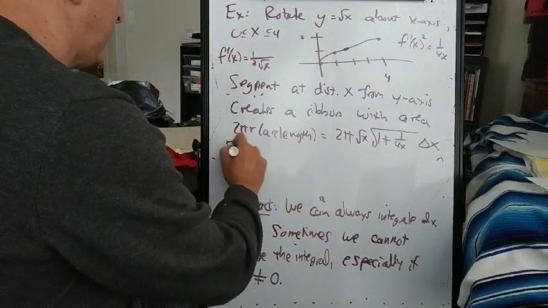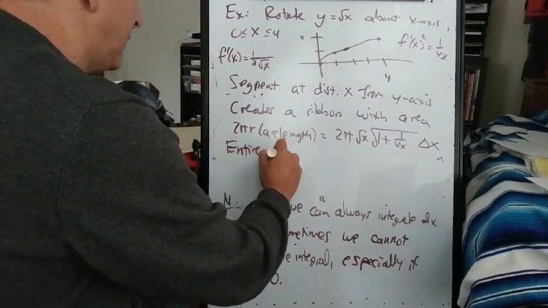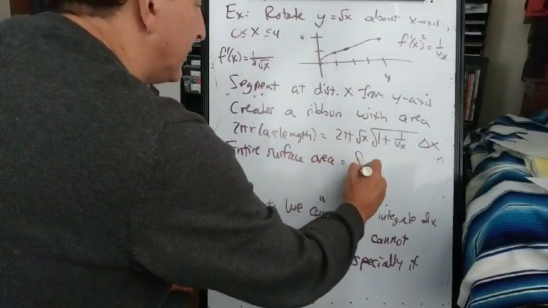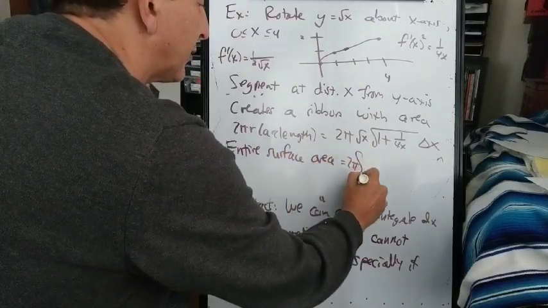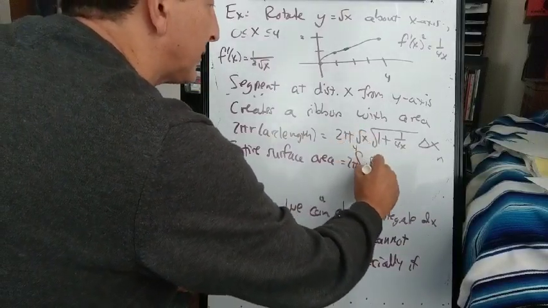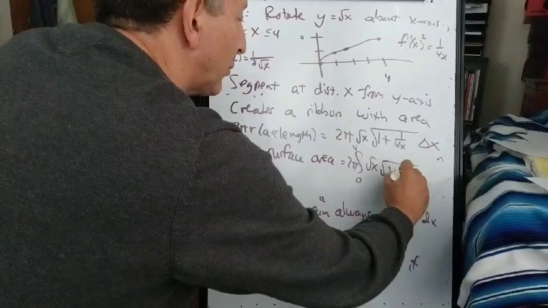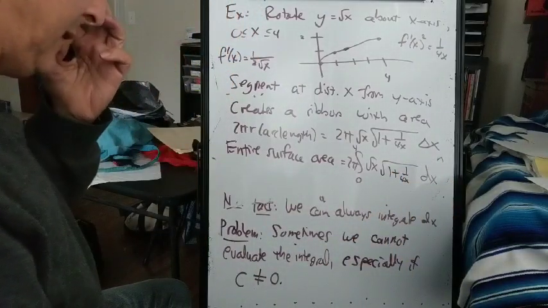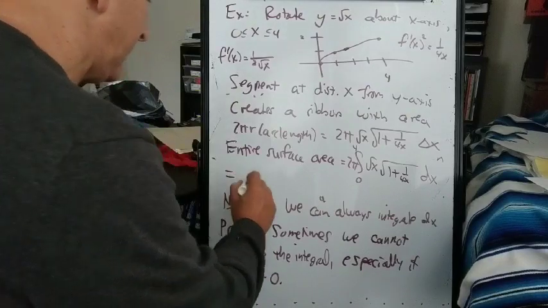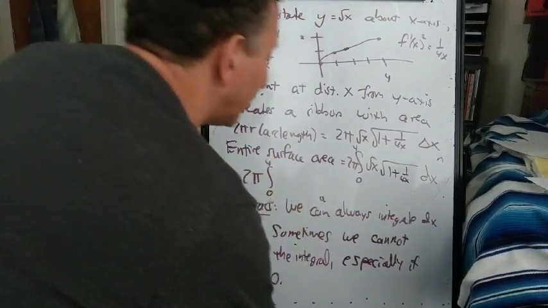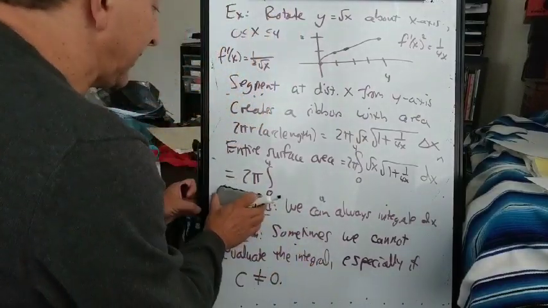So the entire surface area is 2 pi integral from 0 to 4 square root of x times square root of 1 plus 1 over 4x dx. Let's see what we can simplify here.